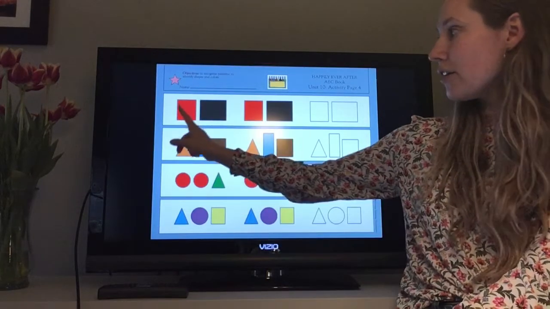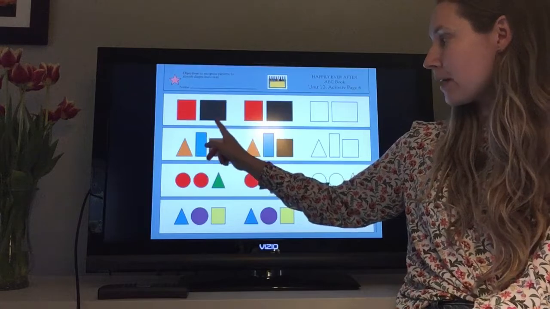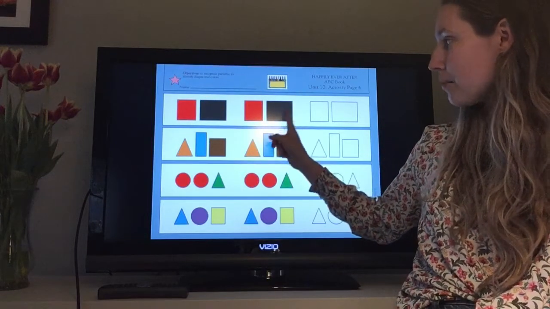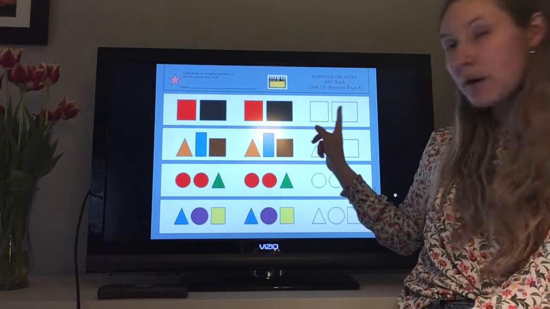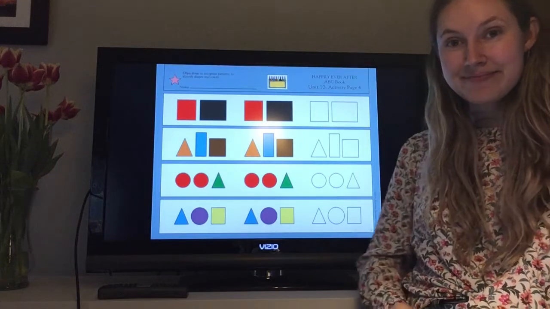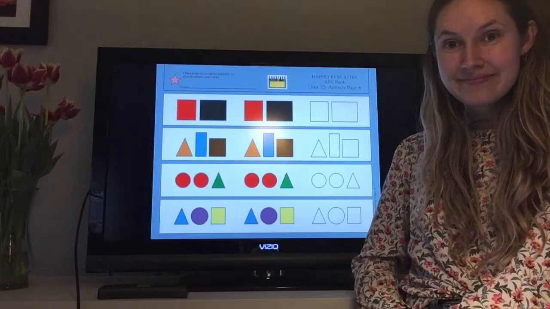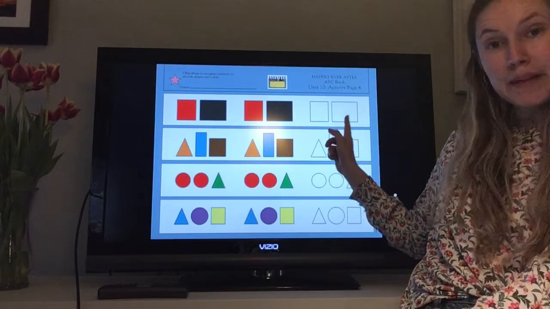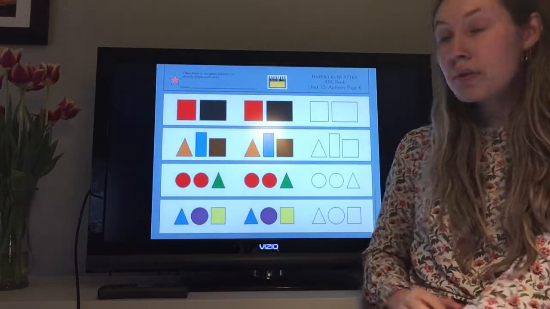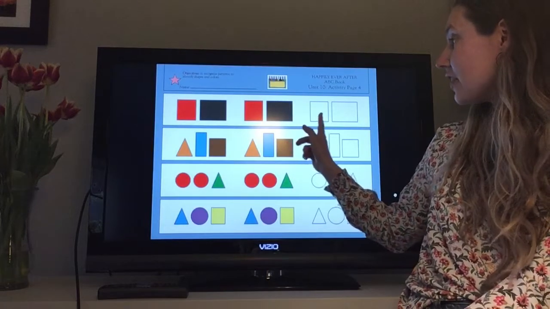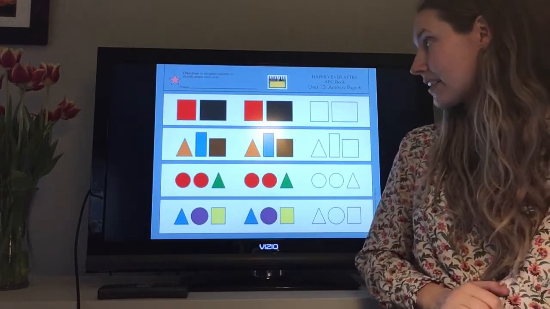So we have red square, black rectangle. Red square, black rectangle. What would need to come next? Red square, black rectangle. So you would go ahead and color in your red square and your black rectangle.